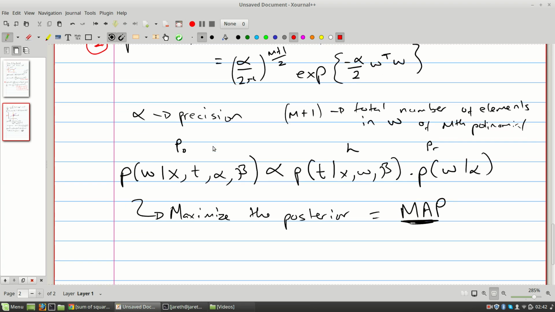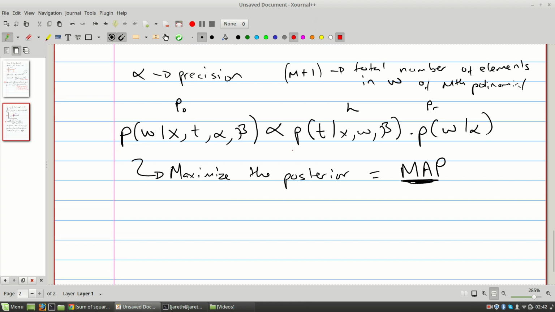Essentially, what we want to do is take the log of this whole term and maximize it. By taking the log of the likelihood multiplied by the prior and maximizing that, we end up maximizing the posterior. Maximizing this term is the same as maximizing the product of these two terms.